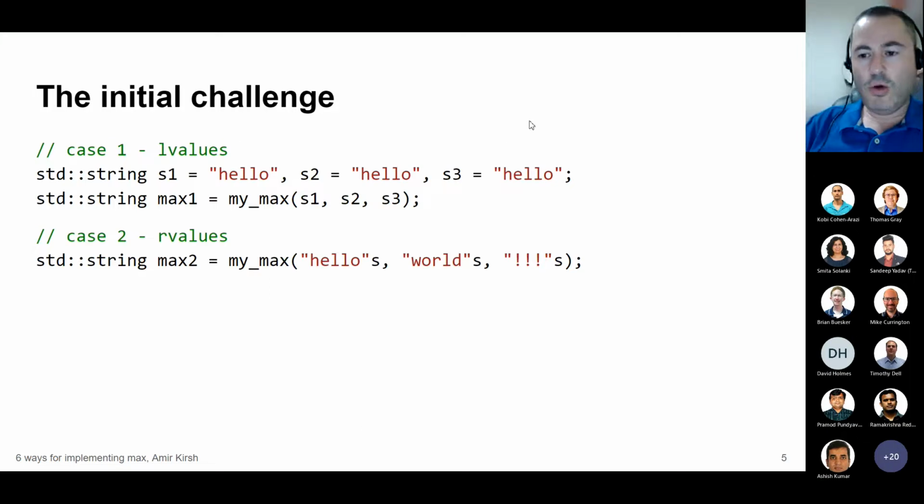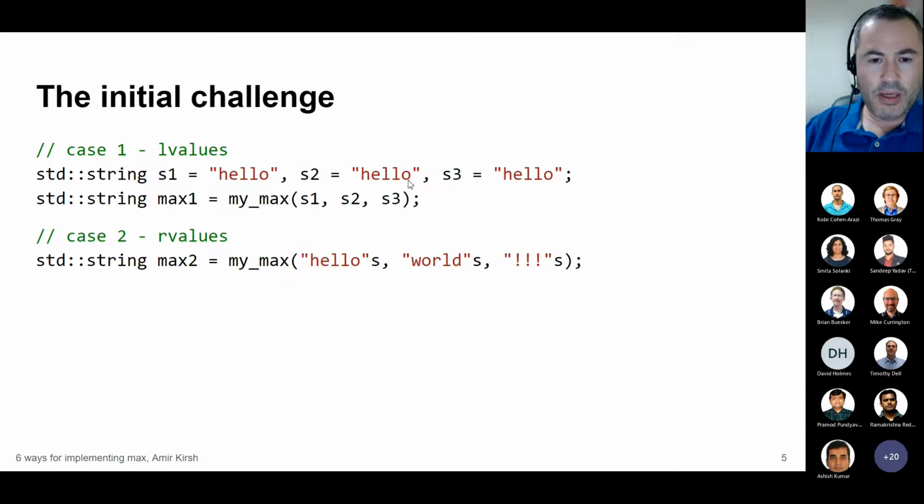And let's just go quickly to the initial challenge. We want to have something that would calculate max, that would find the maximum value out of some set of values of any type. Let's assume that we have strings, and we want to find the maximum of these 3 strings. It is all allow here for some reason.